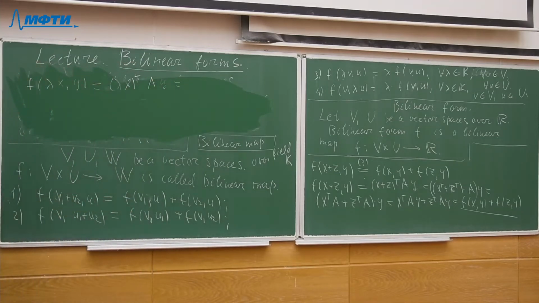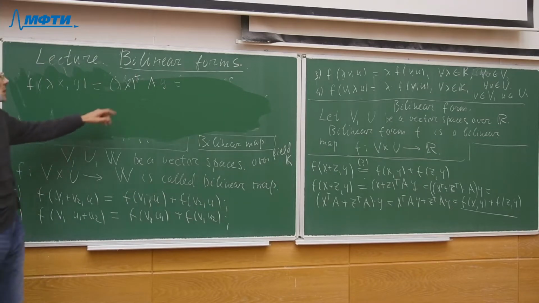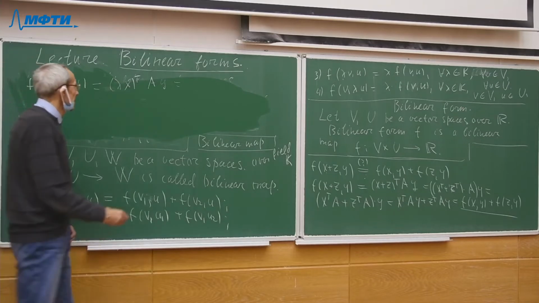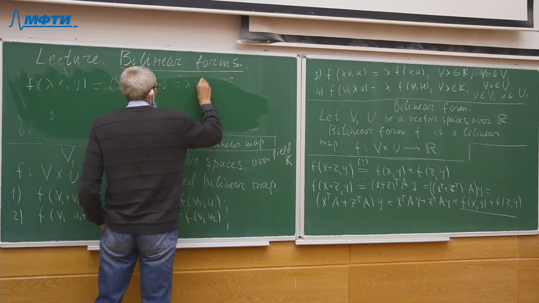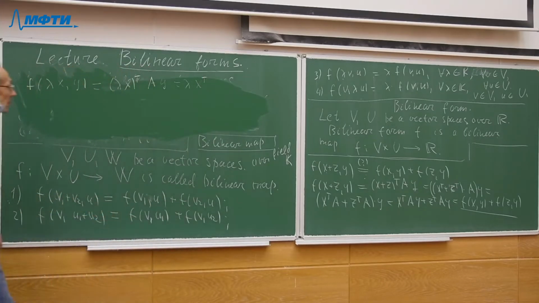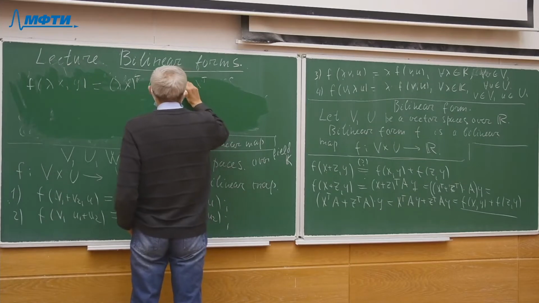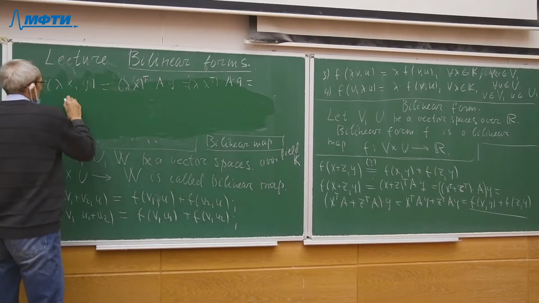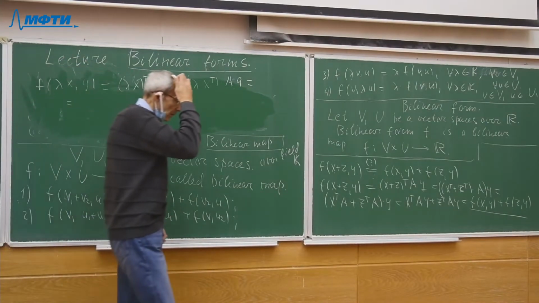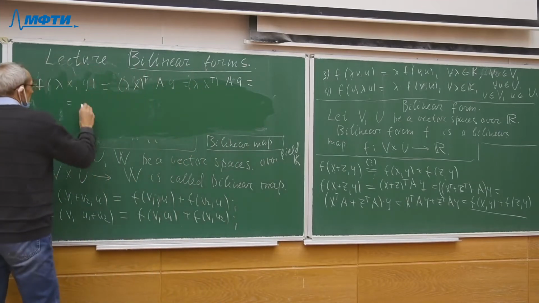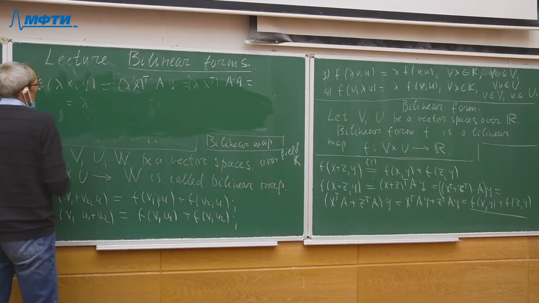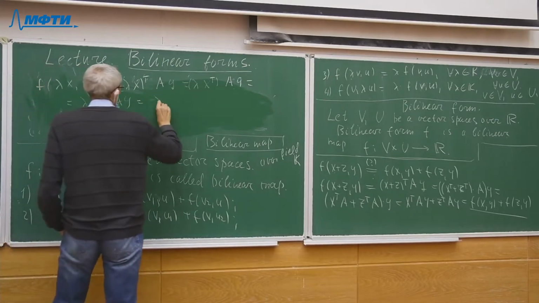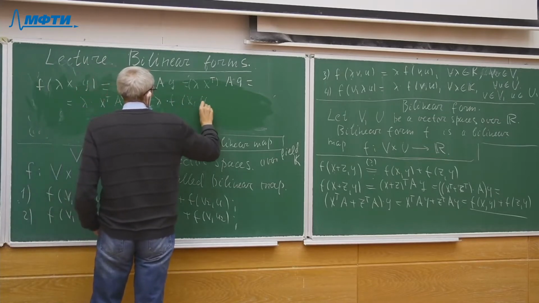Easy to see, if we apply the operation of transposition to the product of the scalar lambda and vector x, we obtain the product of the scalar lambda and x transpose, and A y. Using the property of matrix multiplication, this expression is equal to the product of the scalar lambda and x transpose A y, which means lambda f(x, y).